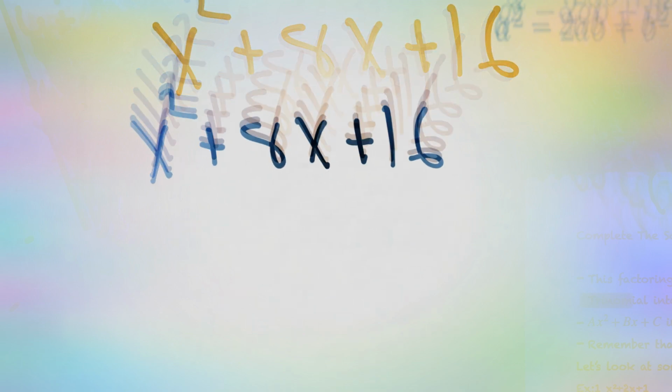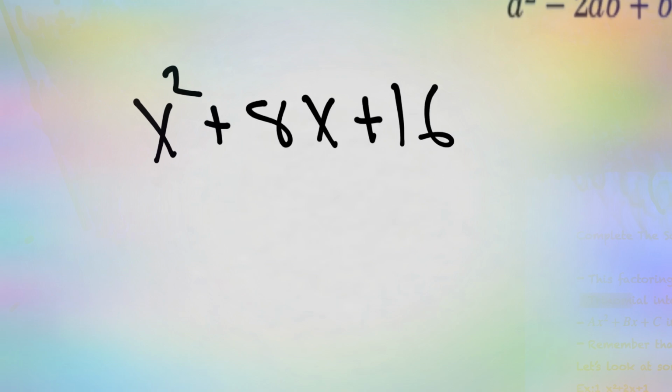Let's see here. x squared plus 8x plus 16. If you look at this right here, two numbers whose sum is 8 and the same two numbers whose product would give me a perfect square.